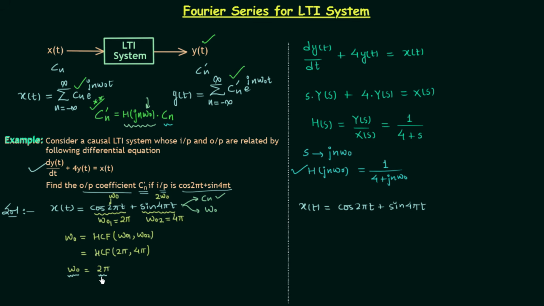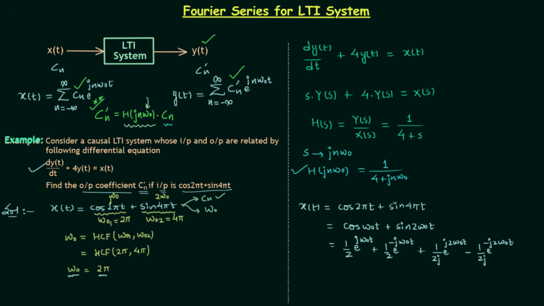It is equal to 2π, so we can write signal x(t) as cos ω0t plus sin 2ω0t. Cos ω0t we can write as 1/2 e^(jω0t) plus 1/2 e^(-jω0t), and sin 2ω0t we can write as 1/2j e^(j2ω0t) minus 1/2j e^(-j2ω0t). And after comparison we can easily find out the coefficients.